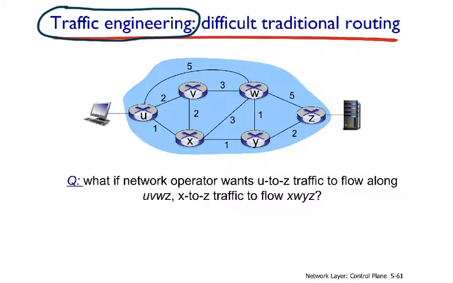What if the network operator wants to send the traffic from U to Z by means of the path UV, VW, WZ, and then he or she also wants to send the traffic from X to Z by means of this flow X, W, WY, YZ. First question, is it possible to do this with traditional IP routing? Yes, no, and why?